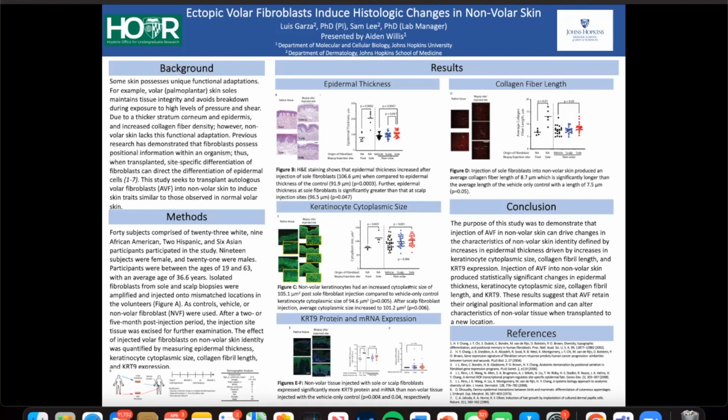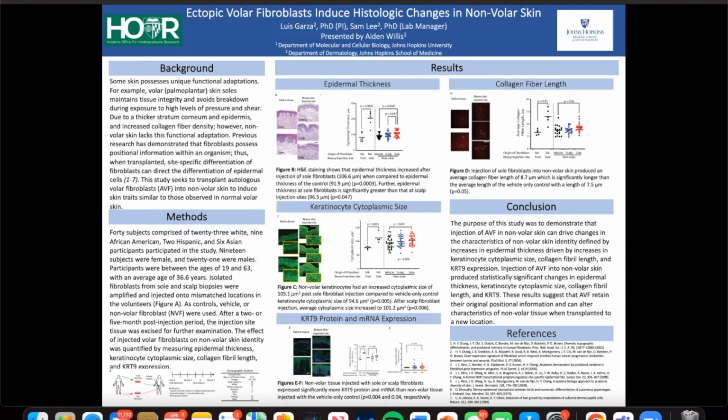The goal of the STUMP project is to alter the skin identity of non-volar skin at amputation sites to effectively change the skin characteristics, make that skin thicker so it's more durable and less likely to chafe and degrade. Our lab seeks to do this by focusing primarily on fibroblasts.